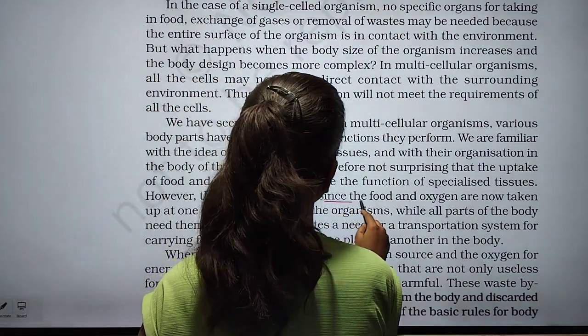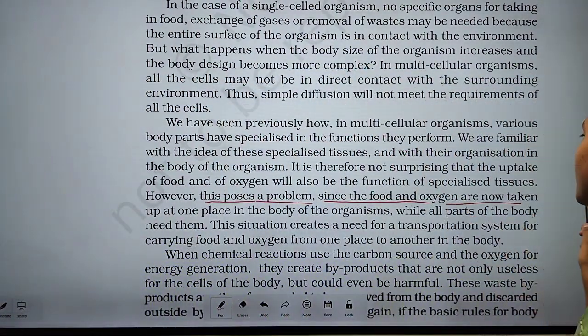However, this poses a problem, since food and oxygen are not taken up at one place in the body of the organism, while all parts of the body need them.